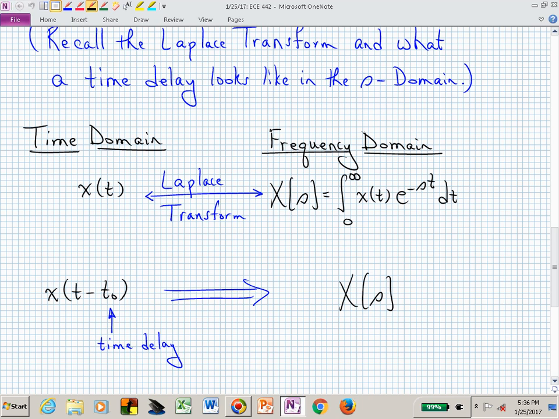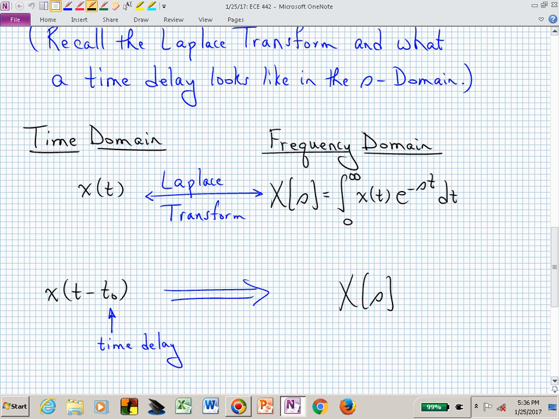If you replace little t with t minus t naught, and you can go home and do this tonight if you're not seeing it, and try to rearrange or maneuver that expression around, what's going to happen? Do you see that in the exponent you have e to the minus s times a quantity, t minus t naught?